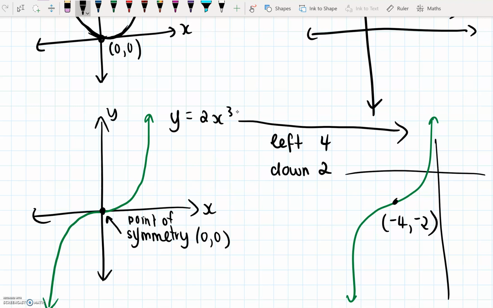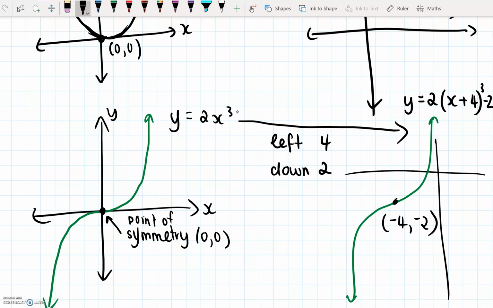Now, because we went left, remember, we do the opposite of what we expect. If we go left, we normally expect a minus. In this case, we have to plus. So we're going to get y = 2, replace the x with x plus 4, cubed, minus 2.